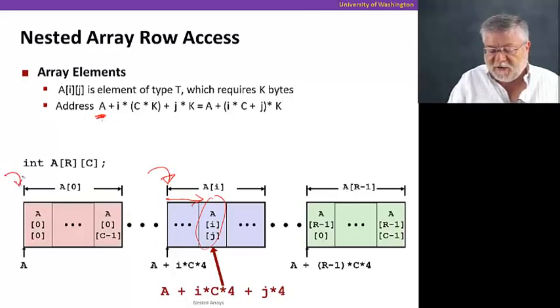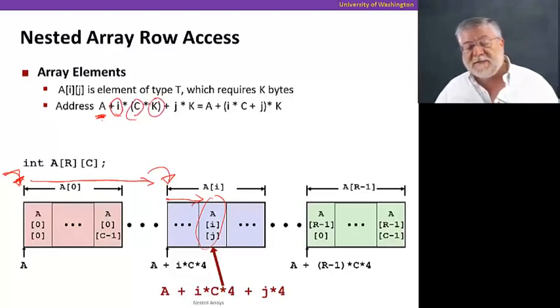That gets us here to begin with. And then we have to offset by the number of rows that we're going in. So our first index, the number of rows, times the number of columns times the size.